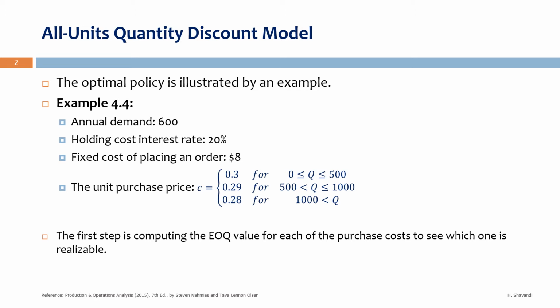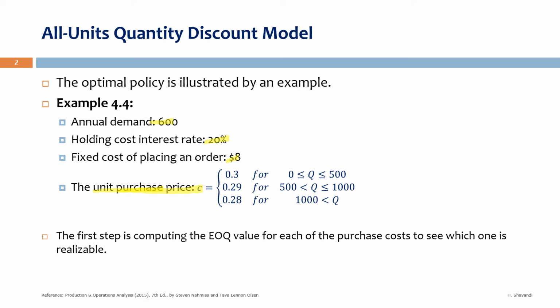In this example, the annual demand is 600 units per year. The holding cost interest rate is 20%. The fixed cost of placing an order is $8. And as you see here, the unit purchase price is dependent on the quantity.